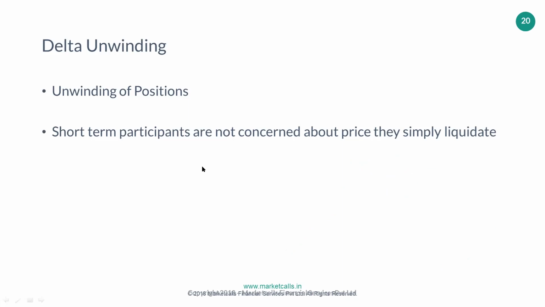Okay, so delta unwinding is pretty common on event days like an RBI announcement day, or timings like the budget announcement or election announcement. So those are the zones where delta unwinding typically happens, or if any news announcement is supposed to happen, right?